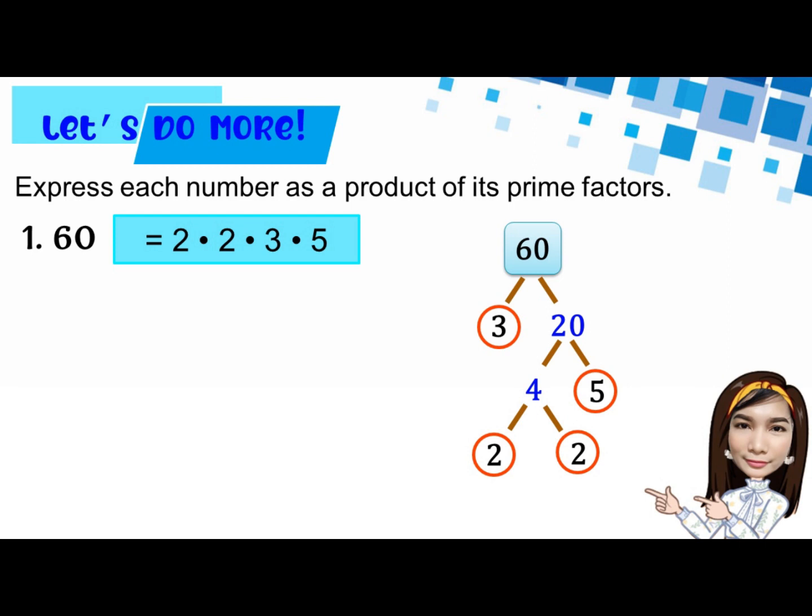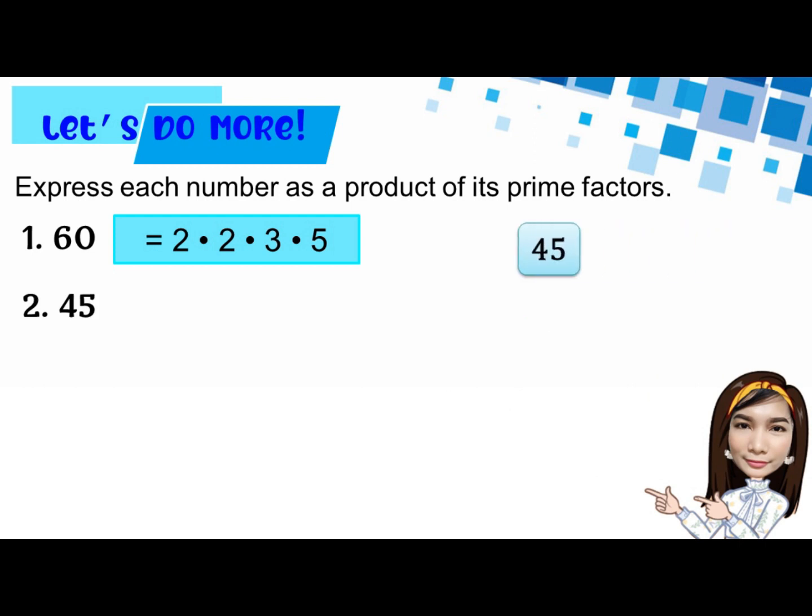So as you can see, if you're going to list the prime numbers, we're going to start with the smallest to greatest. So here, let's have 45. Let's use the ladder method. So we're going to divide 45 with the smallest prime. And 45 cannot be divided by 2.